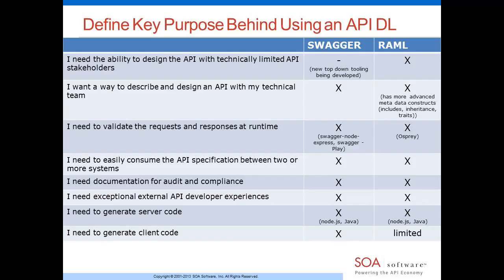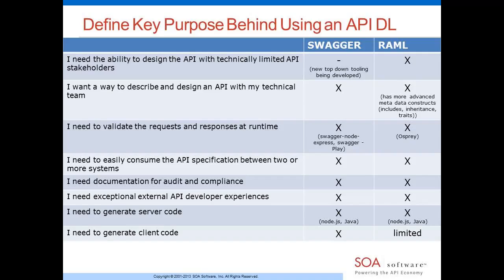If it's a bunch of architects and you're going to be doing some really complex APIs, maybe you're a bank, maybe you're an insurance company, maybe you're modeling non-traditional type APIs that are kind of complex, or you have a lot of APIs that use the same data model, and so there are elements that you can reuse in several different APIs, RAML would be a very good choice because RAML allows for file includes and has a few more metadata constructs than Swagger, okay? It also allows you to do some inheritance and have traits, for example, searchability and paging and caching and things like that. RAML is a good source.